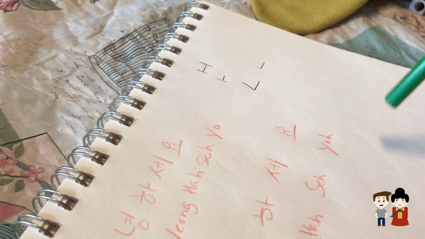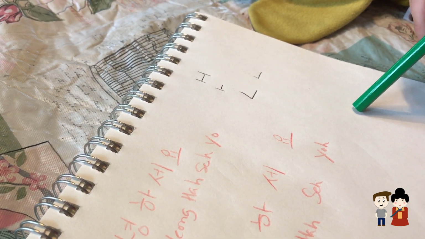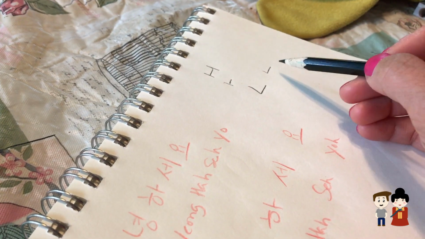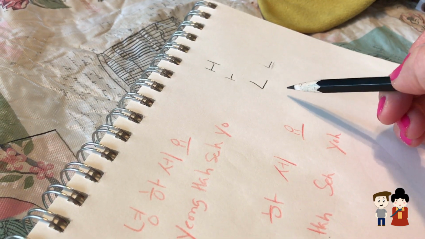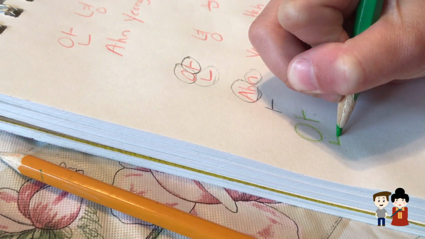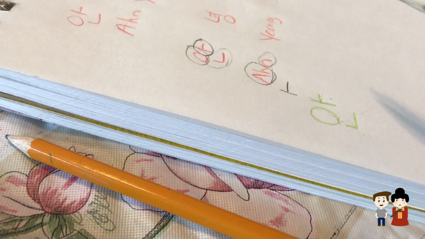The vertical line is supposed to be longer in an American L. But in the Korean letter N, the horizontal line is longer than the vertical line. Yep, just like that.